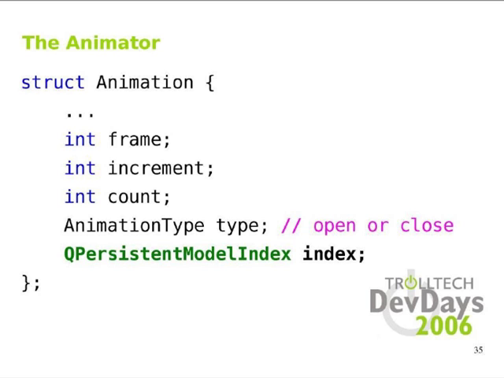So it is good form that you keep as few of the persistent model indices around as possible, so that the model doesn't get bogged down with maintaining a list of 1 million persistent model indices every time something happens.